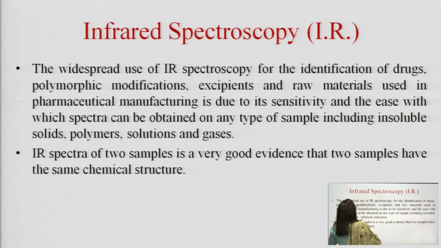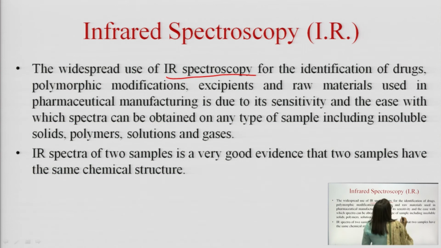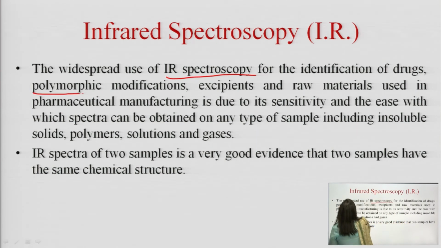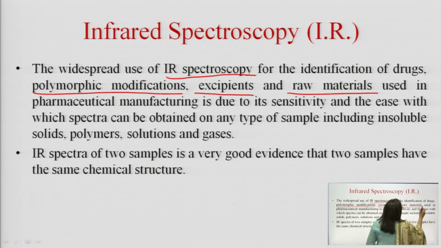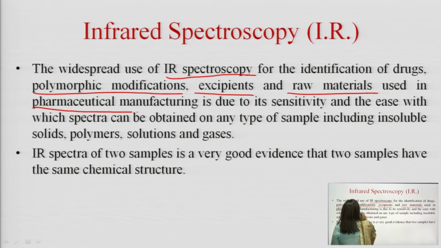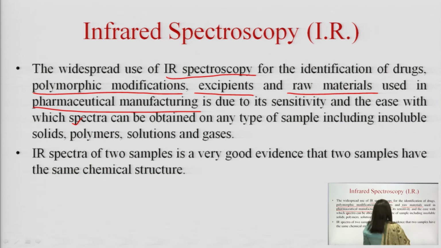The widespread use of IR spectroscopy for the identification of drugs, like polymorphic modifications, excipients and raw materials used in pharmaceutical manufacturing, is due to its sensitivity and the ease with which spectra can be obtained on any type of sample, including insoluble solids, polymers, solutions and gases.